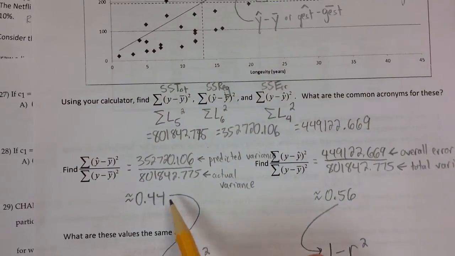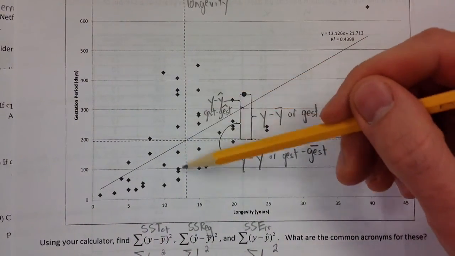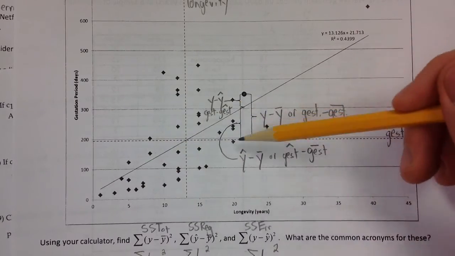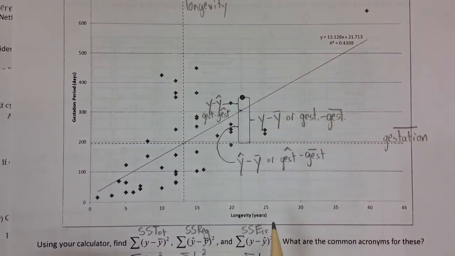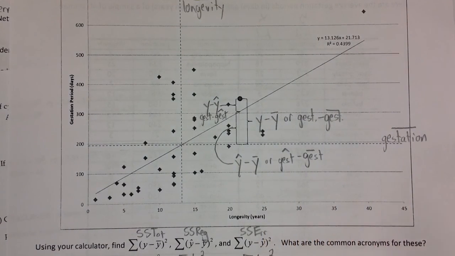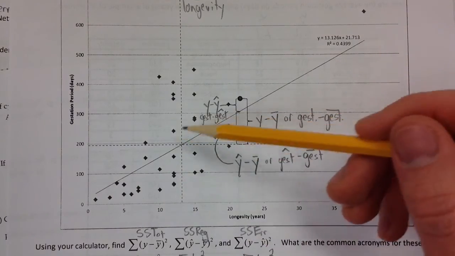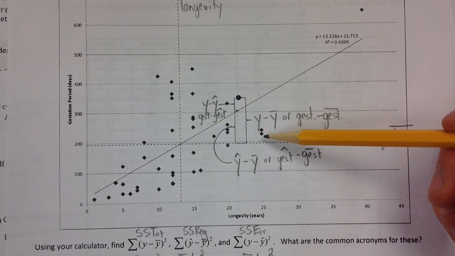So for this data, 0.44 is the same as 44%. As you can see, we have some deviation from the y bar. That's natural, and that goes into the total variance. And when we're using the model, we're predicting different variation.